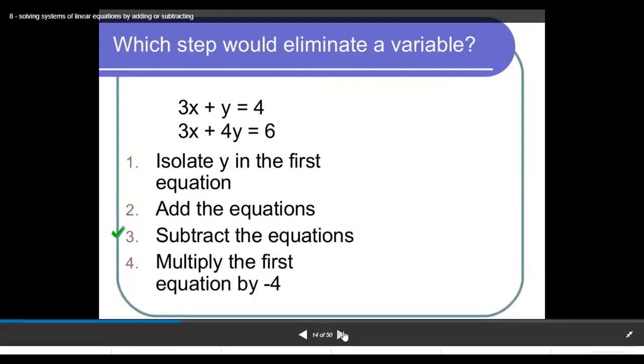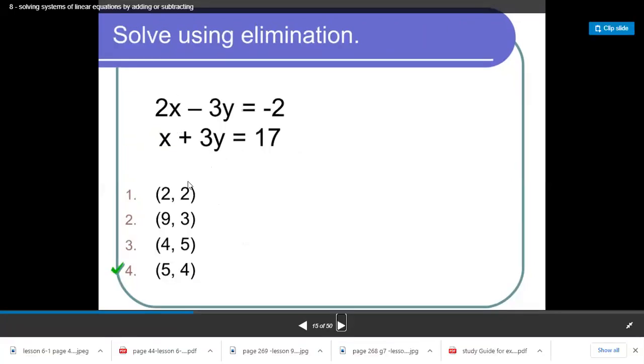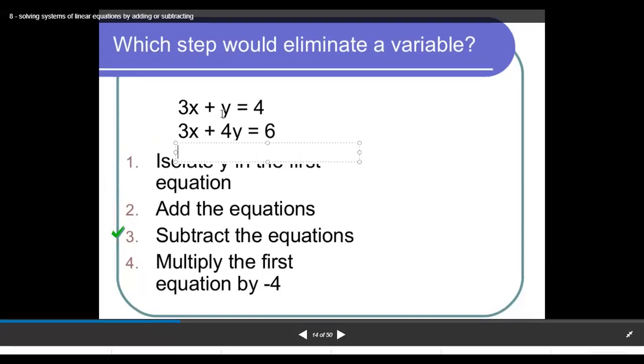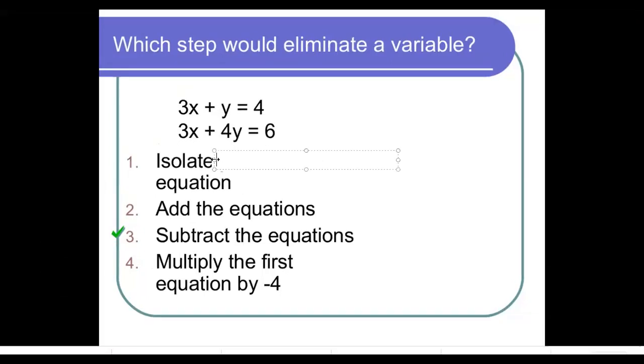Sorry, I'll go back to this one. Then we will subtract, so it will be 3 minus 3 equal 0. Right? And y minus 4y, it will be negative 3y equal 4 minus 6 equal -2.